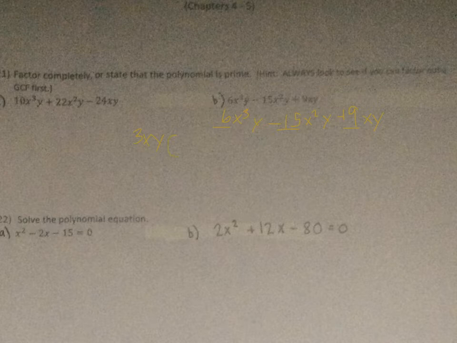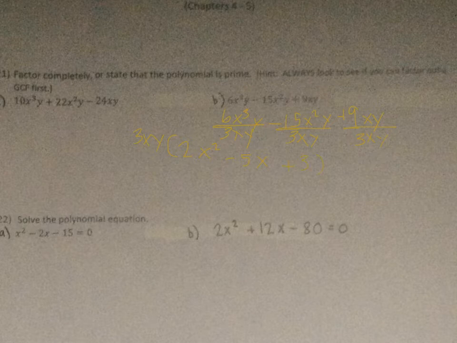Then we can take out 3xy from each term. We are left with 2x squared, minus 5x, and then lastly just 3.